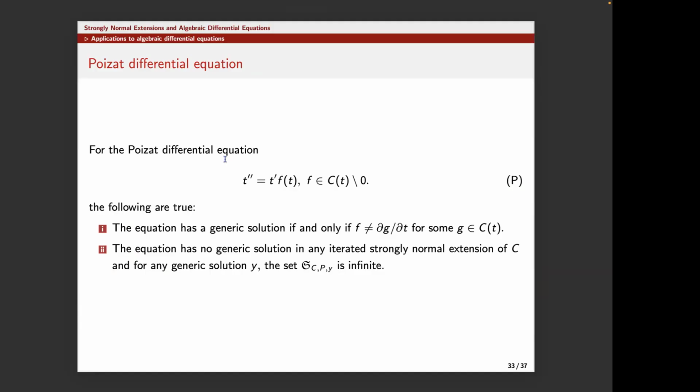Then this equation has a generic solution, so it has a transcendence degree 2 solution, if and only if f is not a derivative of some g in C(t). And this equation has no generic solution in any iterative strong normalization of C. And for a generic solution y, the set is infinite. The set is C⟨y⟩.